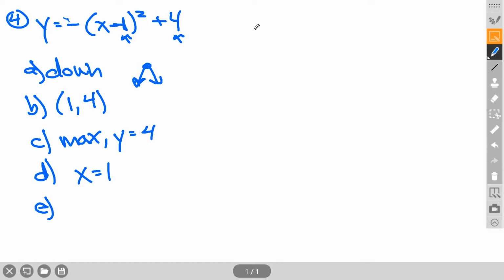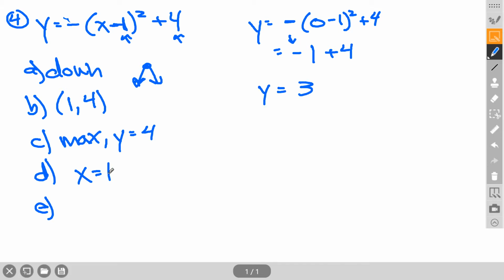So y is equal to negative, and then 0 for x, so 0 minus 1 squared plus 4. That's negative. 0 minus 1 is negative 1, and negative 1 squared is 1. Notice the negative sign is still on the outside. That should stay there. And then that's 3. So the y-intercept is 0, 3.